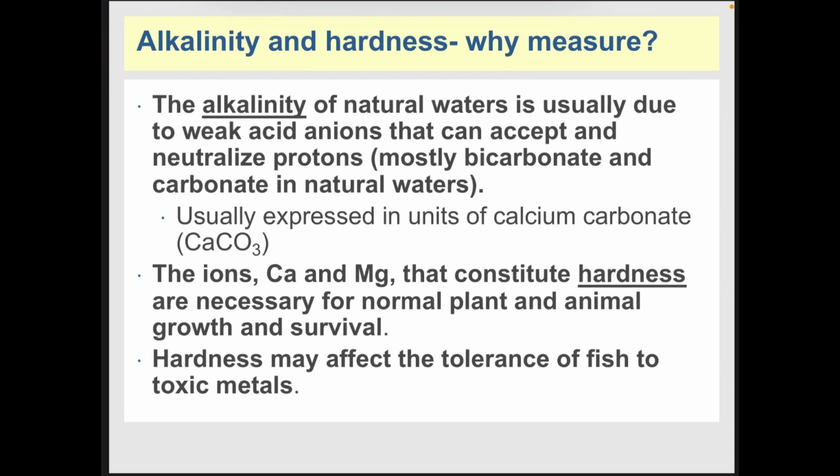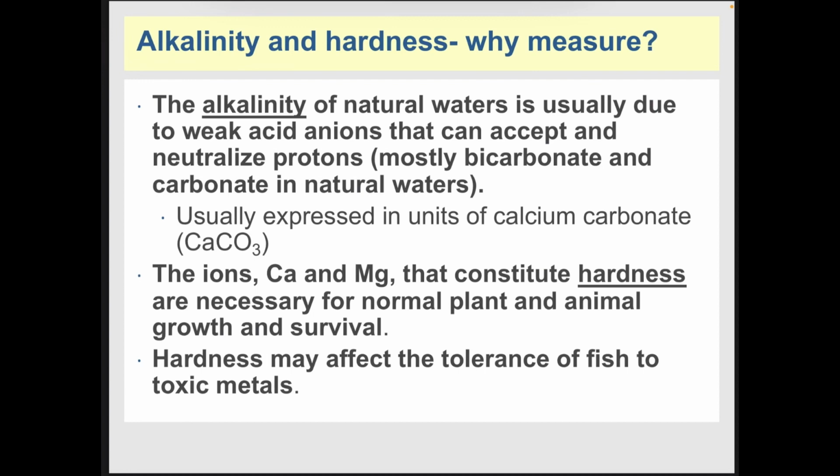So why do we need to measure alkalinity and hardness? The alkalinity of natural waters is usually due to weak acid and ions that can accept and neutralize protons, mostly bicarbonate and carbonate in natural waters, usually expressed in units of calcium carbonate. The ions calcium and magnesium that constitute the hardness are necessary for normal plant and animal growth.